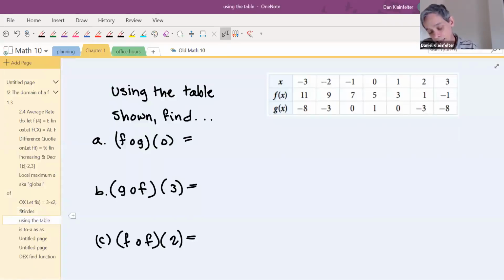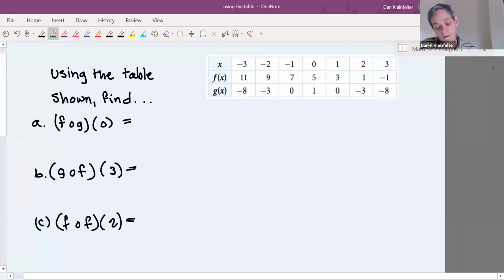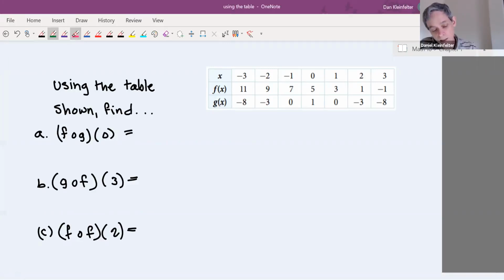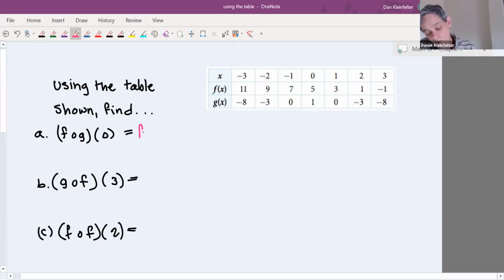Okay, in the last example, we found compositions using formulas. We can just as well find compositions using function values given in a table. So here I have a table of values, and we're going to calculate first f circle g of 0. This will be f of g of 0. So let's take a look at the table for g of 0.